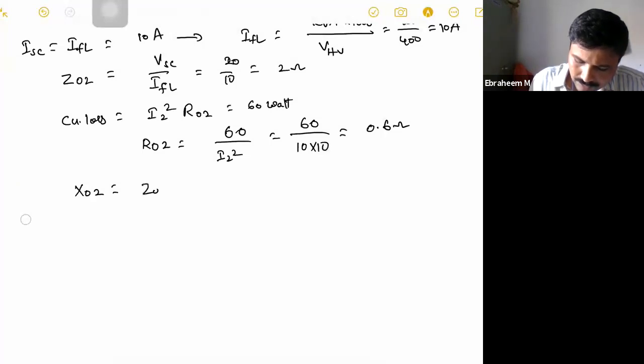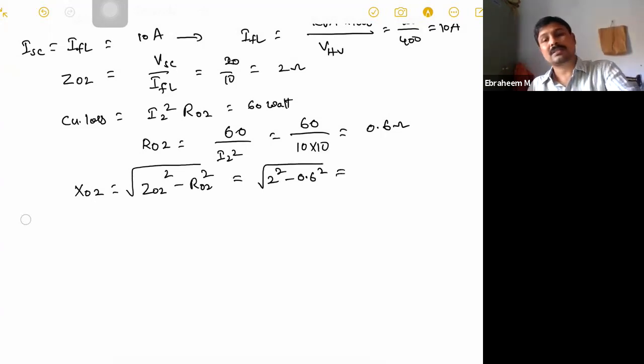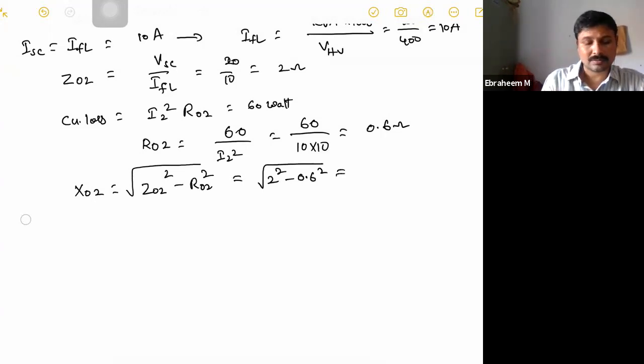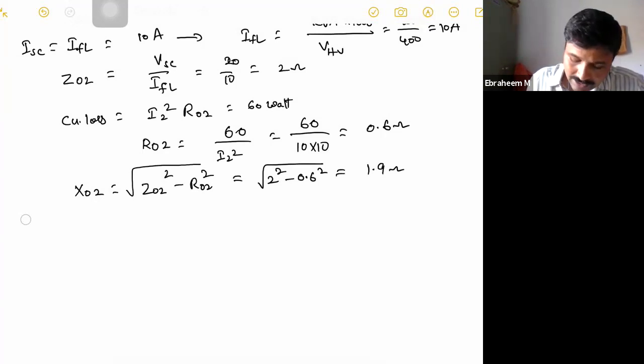Now we can calculate X02. X02 is equal to the square root of Z02 square minus R02 square. So this is 2 square minus 0.6 square. How much is this? Tell me. 4 minus 0.36, root of the answer is 1.9. Total reactance of the transformer referred to secondary is 1.9 ohms.